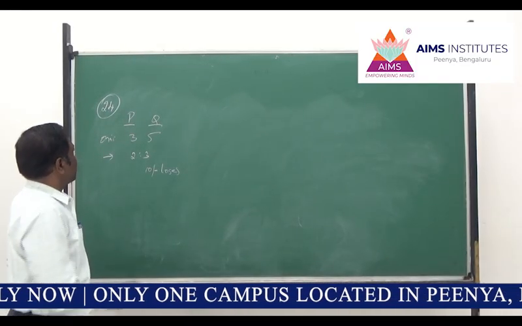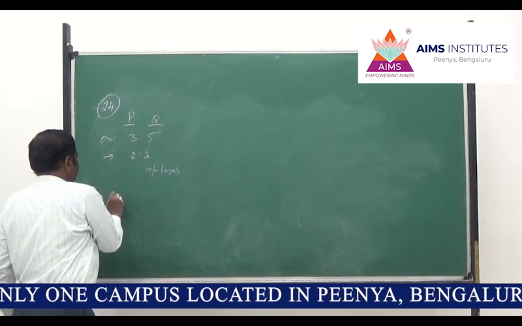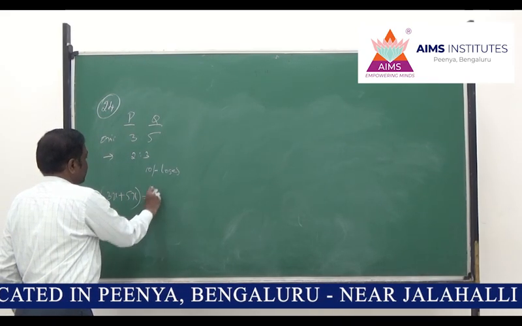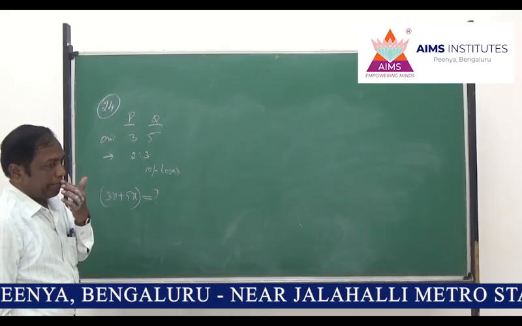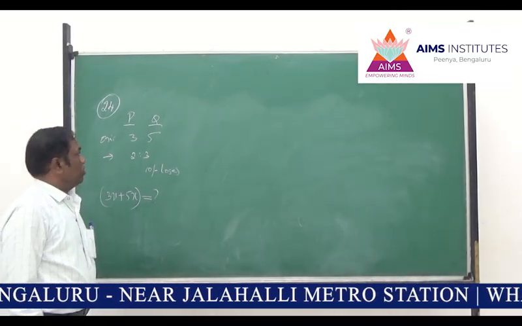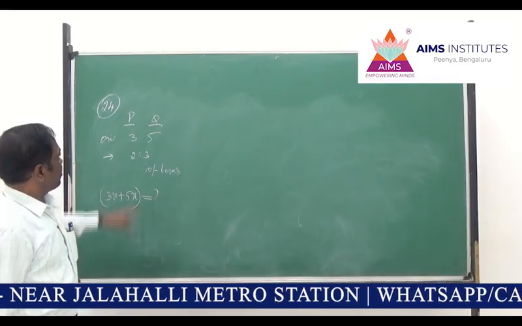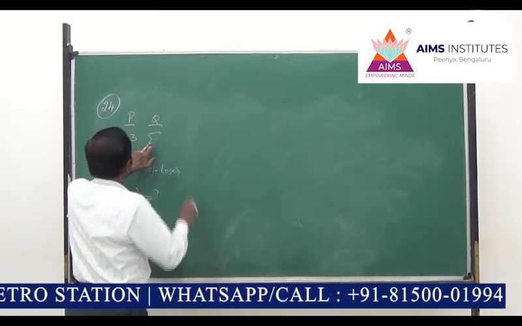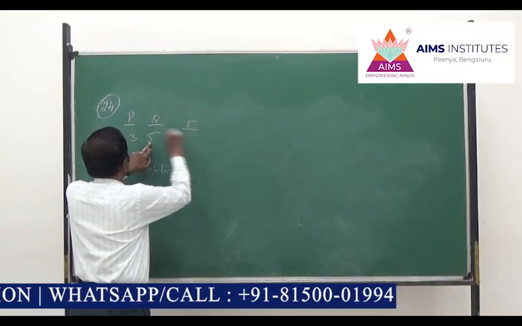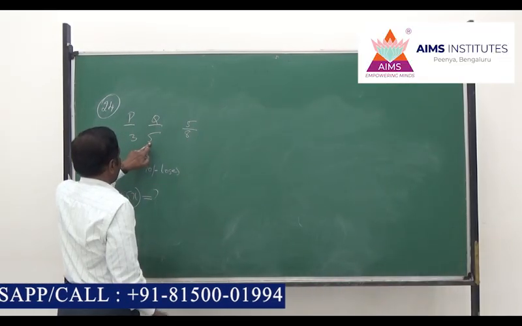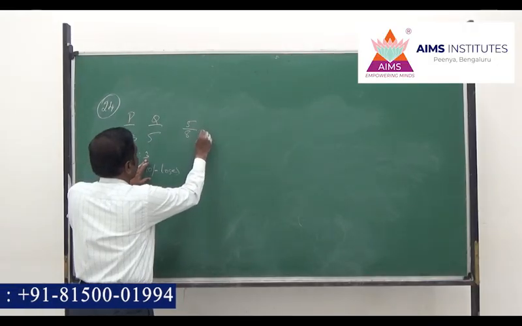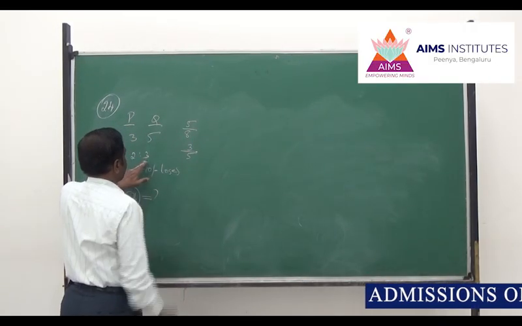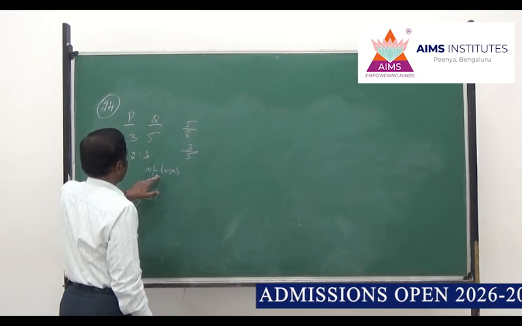What was the total amount? It means 3x plus 5x. Now, check the proportion. We are talking about Q. Q should originally get 5 out of a total of 8 ratios, but got 3 out of 5 ratios. The difference is the 10 rupees loss.